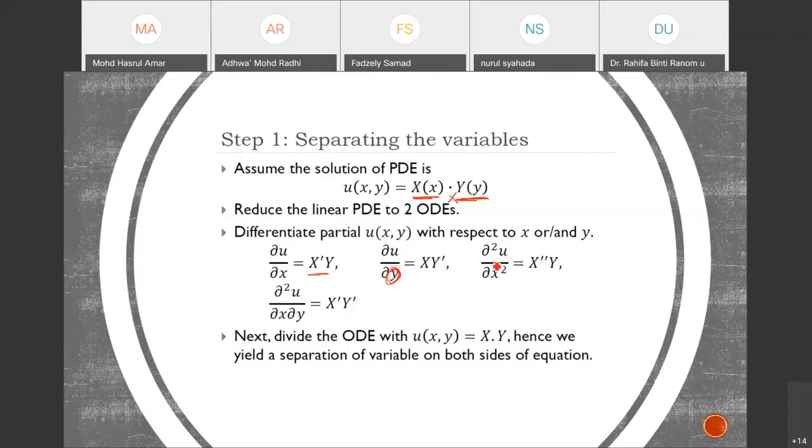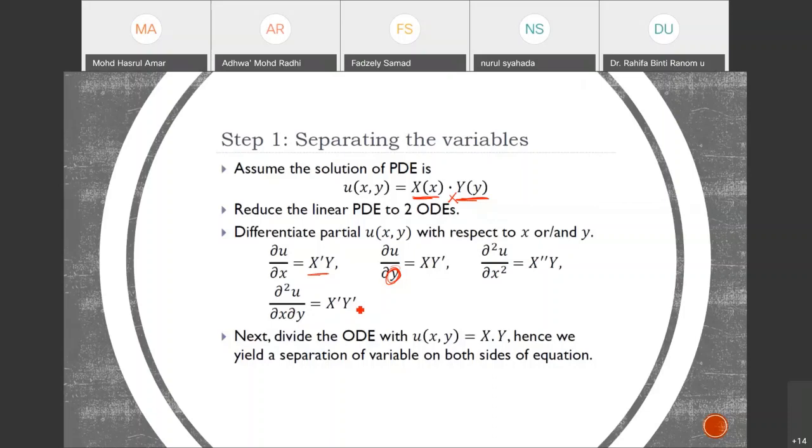How do you get this from this assumption? If you have del squared u del x squared, it means you differentiate u with respect to x two times, so the second derivative of X times Y. If we have del squared u del x del y, then it becomes X prime Y prime. Why? The first derivative is with respect to x, so you get X prime. The second is with respect to y, so you get Y prime. You can only do this if you can separate the solution.